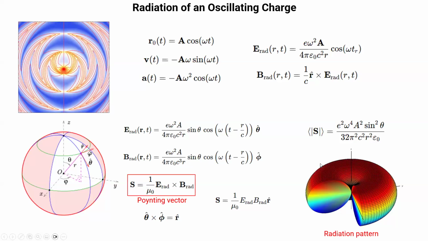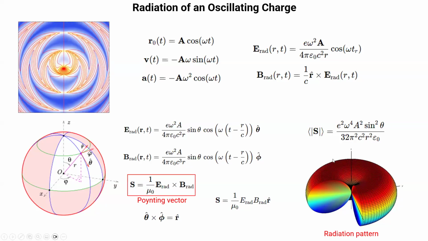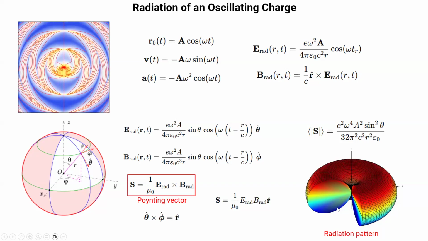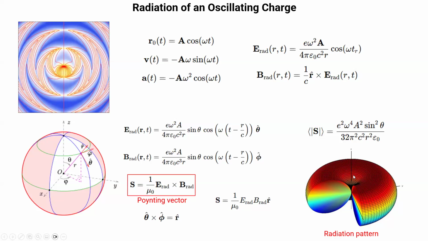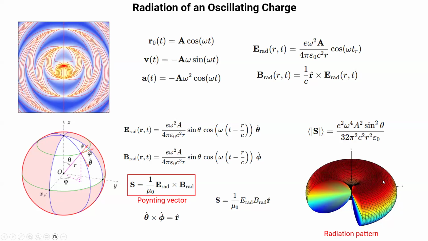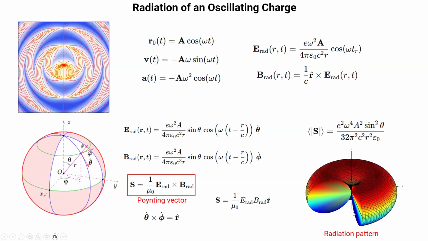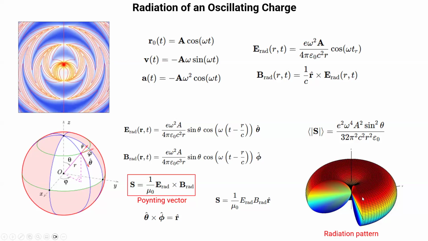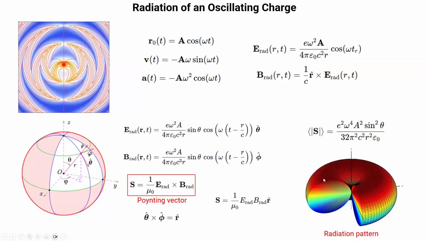It doesn't change in the xy plane, but changes in a shape like a donut, or an eight, or a butterfly. Sometimes it's called the Rayleigh butterfly. This is the cross section of this donut. So this is the radiation pattern, the simplest radiation pattern of an oscillating charge.